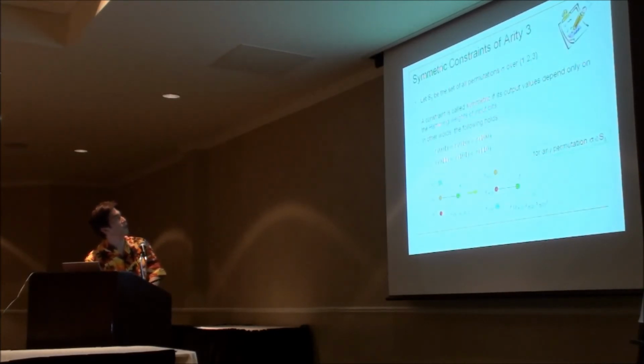Now, I want to explain the symmetric constraint. The symmetric constraint is a constraint whose output values depend on the Hamming weight of the input bits. That means the value of f depends on how many ones you have.